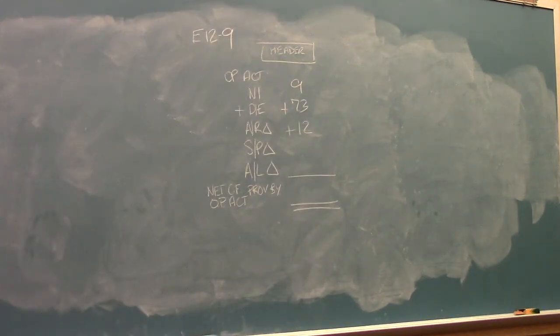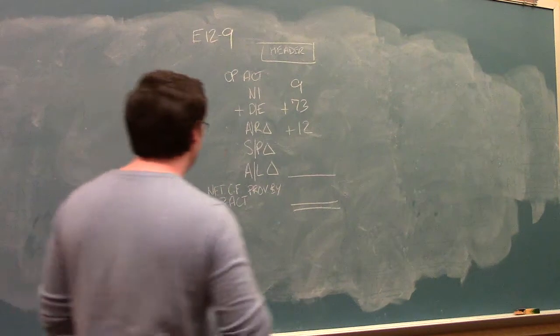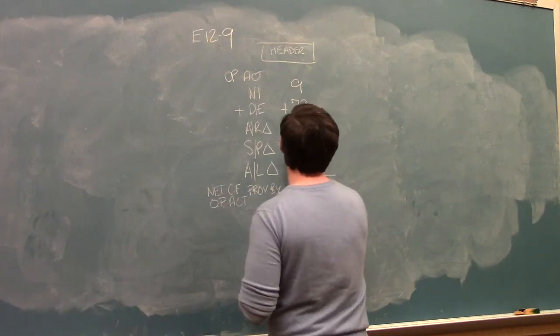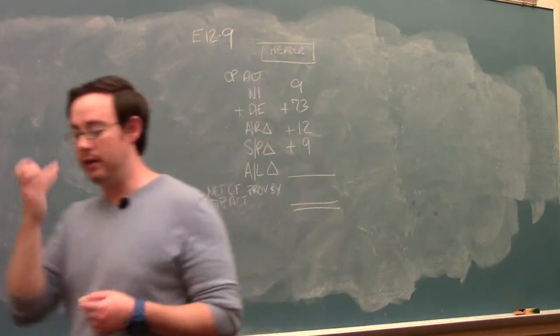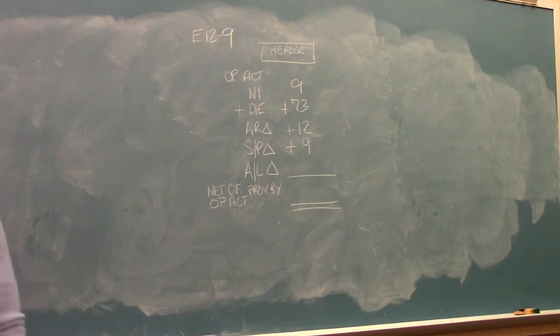Next is bought a small service machine. Well, buying equipment is going to be an investing activity, so we can skip over that. Increase in salaries payable, that's a current liability, so we go the same direction and add that increase. The next is a decrease in other accrued liabilities.